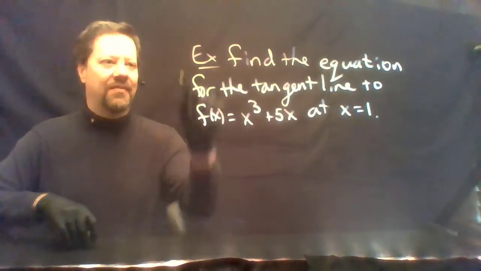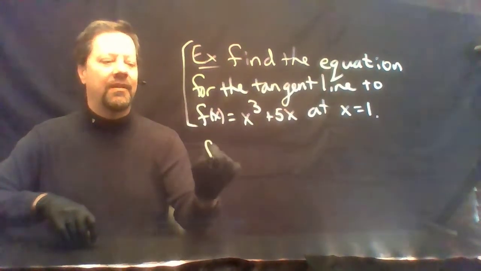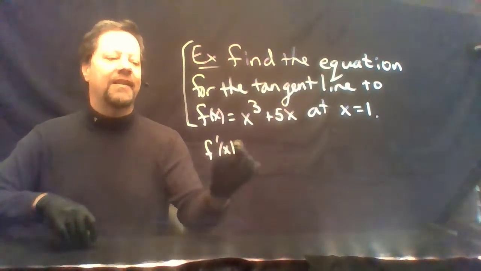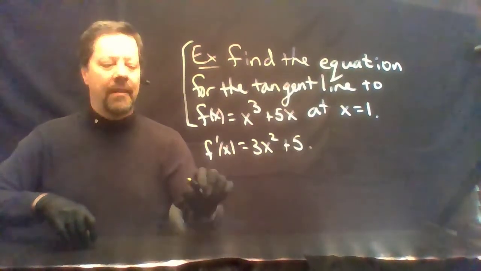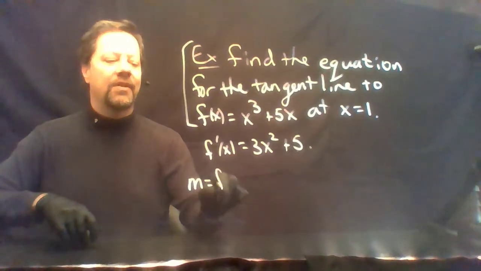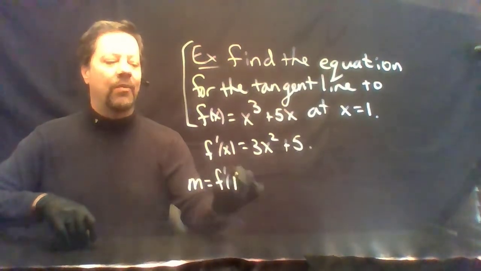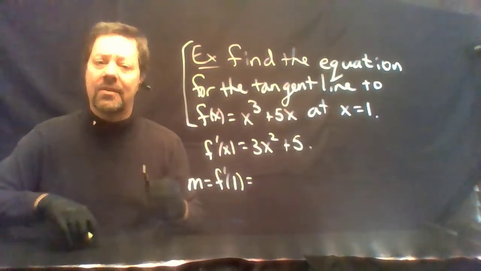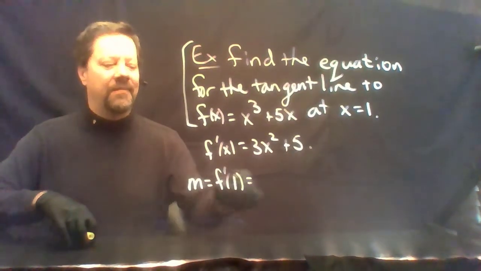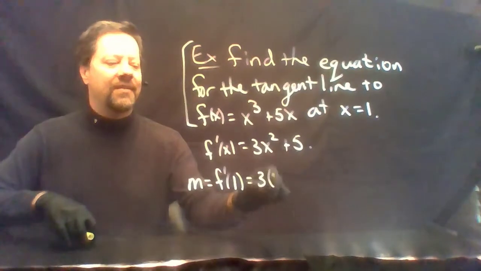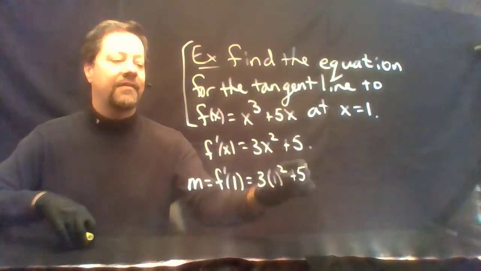In this case, we already know f prime of x is 3x squared plus 5. The slope that we seek is going to be f prime at 1. That will give us the slope of the tangent line at x equals 1. That's 3 times 1 squared plus 5, or 8.